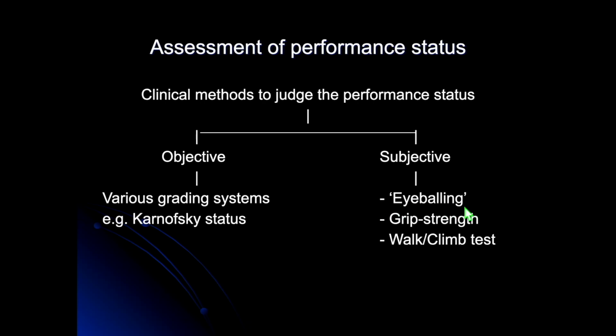Hand grip strength is assessed in the way I discussed in the previous, that is, the second video on general examination. In walk-climb test, take the patient for a brisk walk in a corridor and climb up one or two flights of stairs. The patient's ability to endure these physical challenges can predict the ability of cardiorespiratory system to withstand a major surgery.